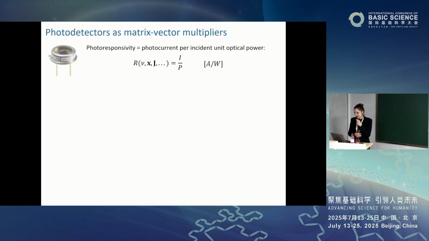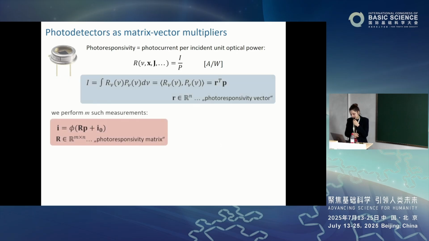It's actually a very complex function that depends on frequency of light, polarization, etc. And usually people are trying to make it independent of these values, so you have a sensor that will work in a lot of different conditions. But we took a different approach. You want to manipulate photoresponsivity so that you get the currents you want, so you can do the multiplications that you want.